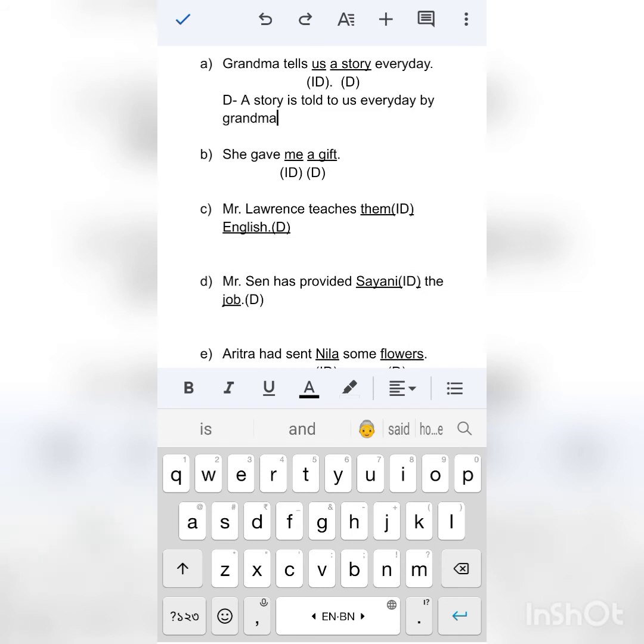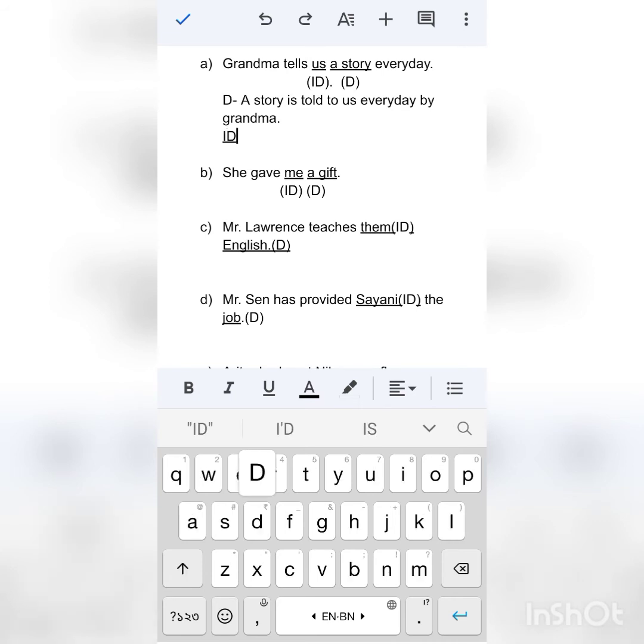So that's your direct object voice change from active to passive voice.